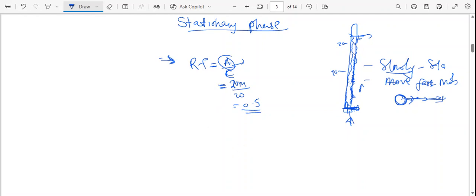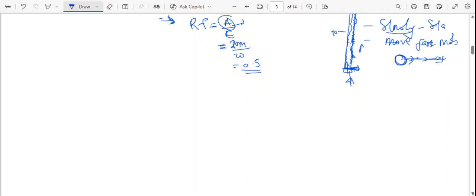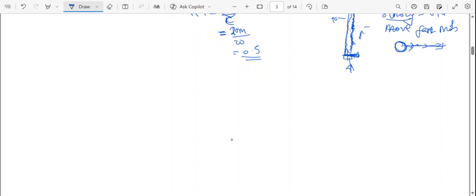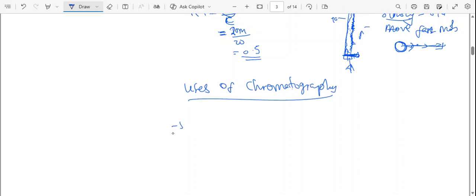So let's talk about uses of chromatography, then from there we'll talk about something else next. What are the uses of chromatography? One, we can use it to separate mixtures.